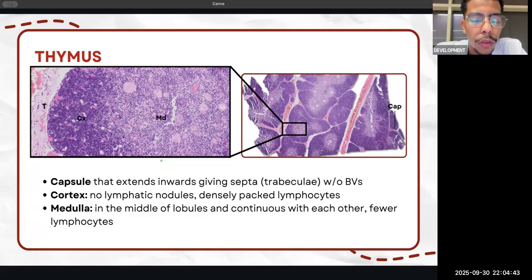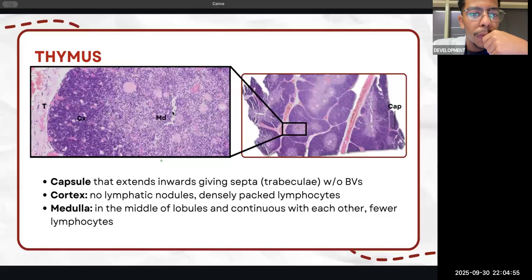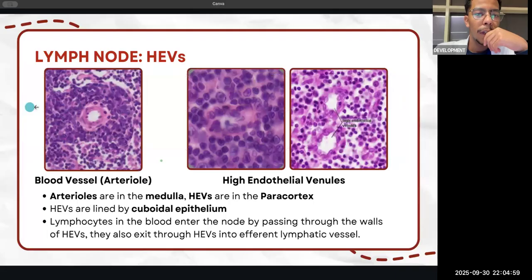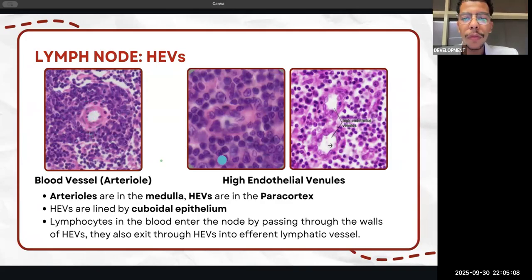Can you go to which slide? Okay, this one, high endothelial venules. For high endothelial venules, I only want you to identify them and differentiate between them and arterioles.